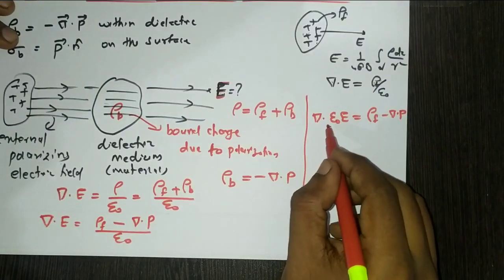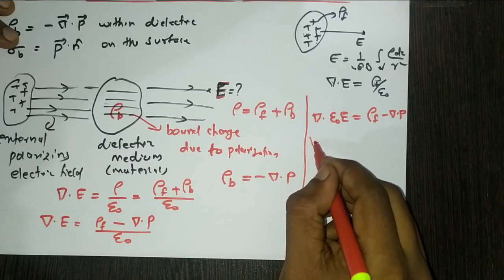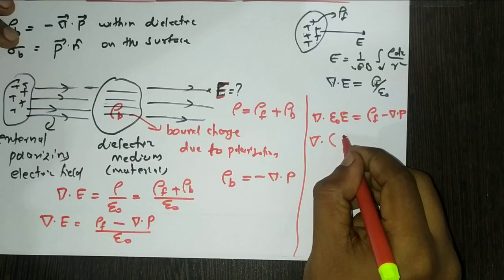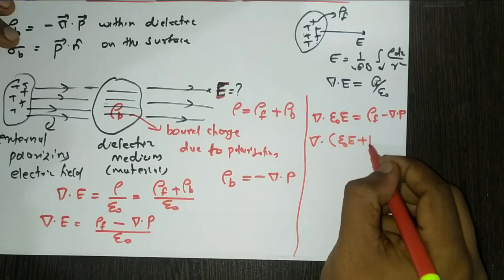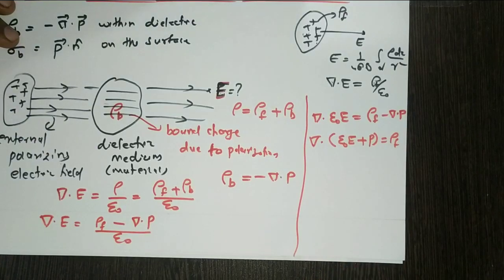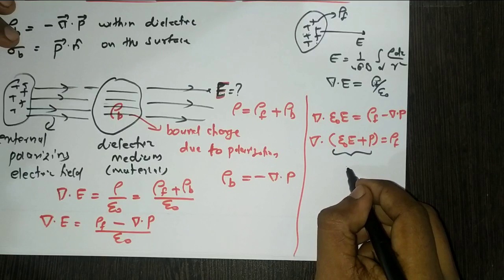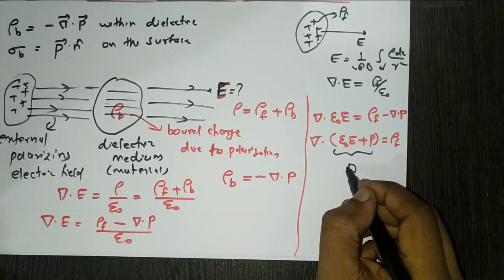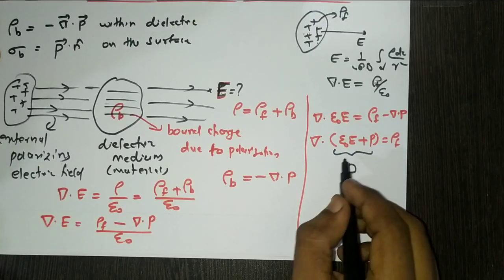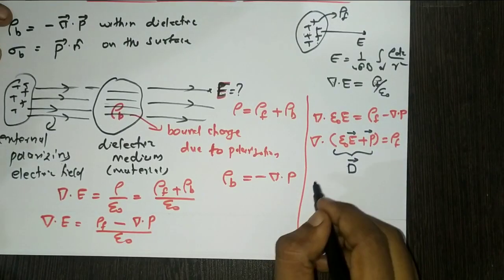I combine these two divergence terms, that is, del dot of epsilon 0 E plus P is equal to rho f. This quantity is D, that is the electric displacement vector, because this is a vector quantity.